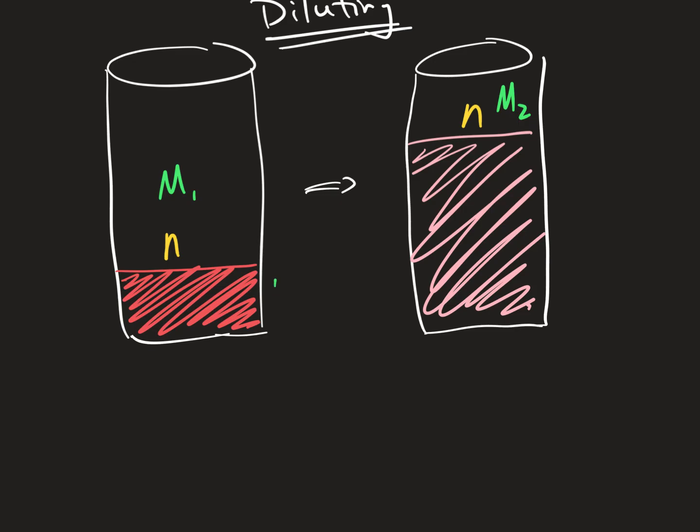And over on the left we have volume 1, and over on the right we have volume 2. And I can call this N1 and N2 as well, right? But we do know that N1 equals N2. Do we understand what I'm talking about so far? Okay.